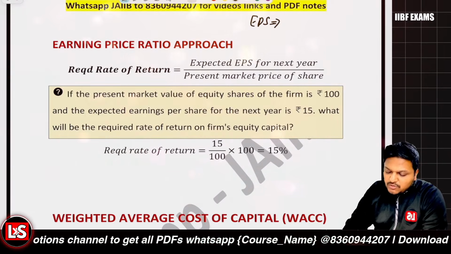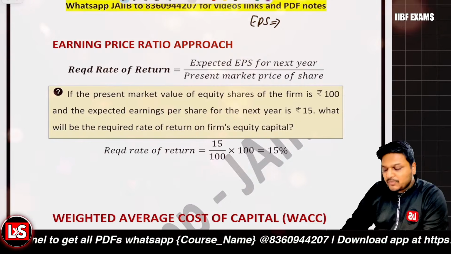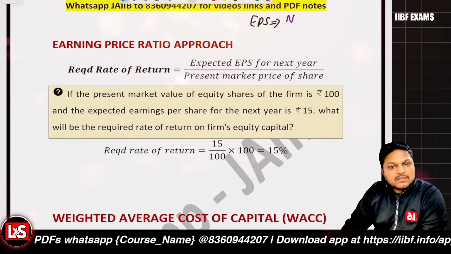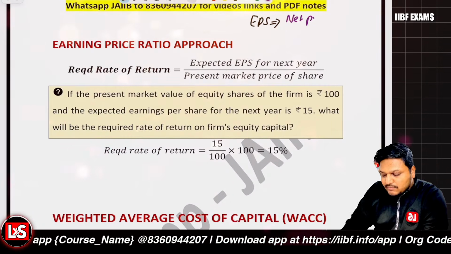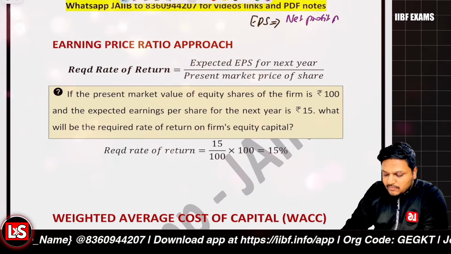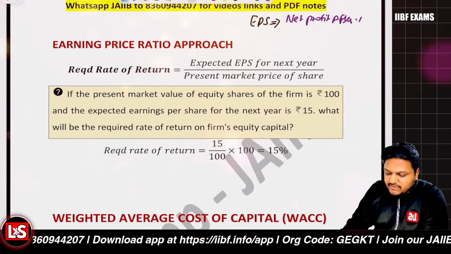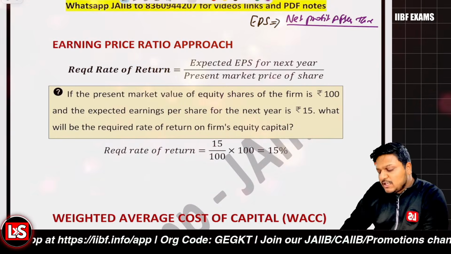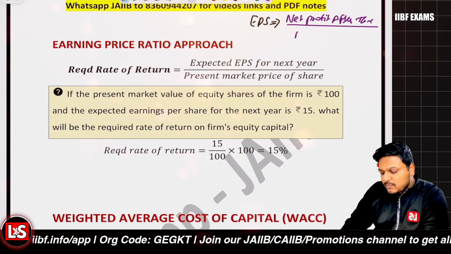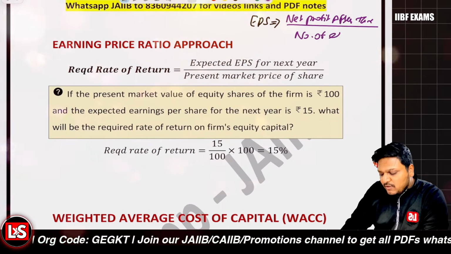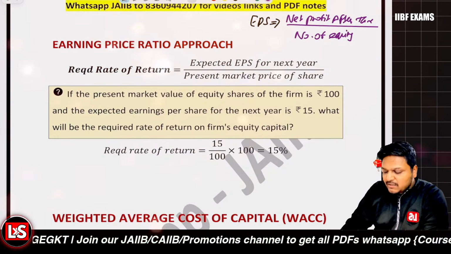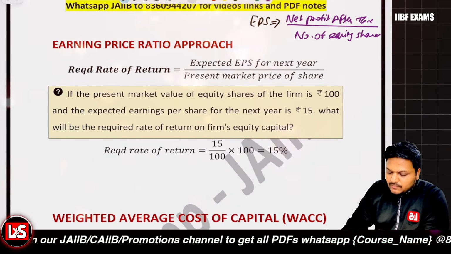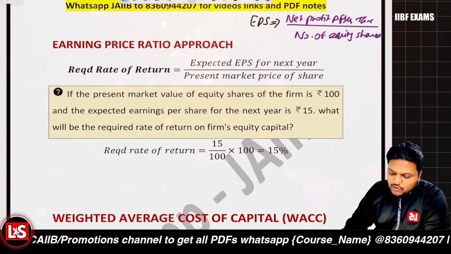We have also solved it under the ratio analysis chapter. So it is net profit after tax, or simply the net profit if it is given, divided by the number of equity shares floating in the market. That is basically your earning price ratio approach.